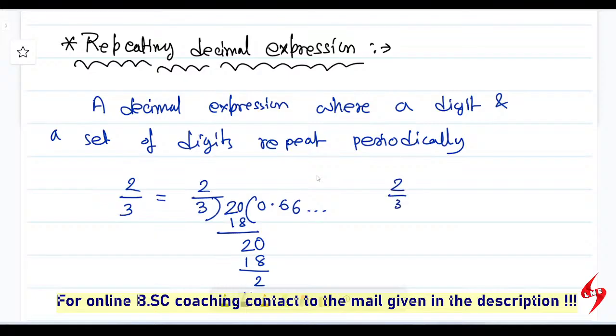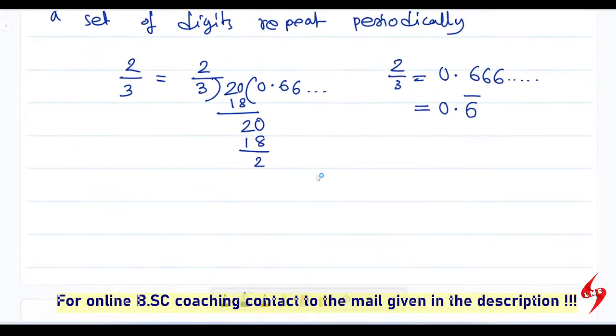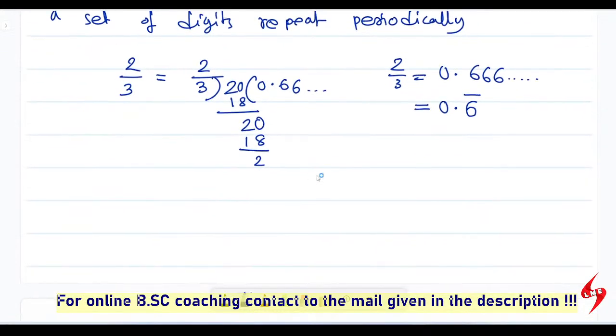So 2 by 3 is a decimal expression that is repeating, and the repeating digit is 6. I just write the repeating digit only once and mark a bar above the digit which is repeating periodically. Okay, so this is a repeating decimal expression of a rational number.